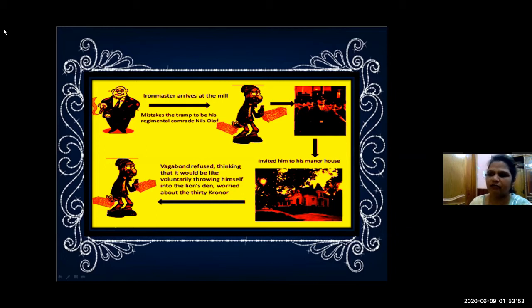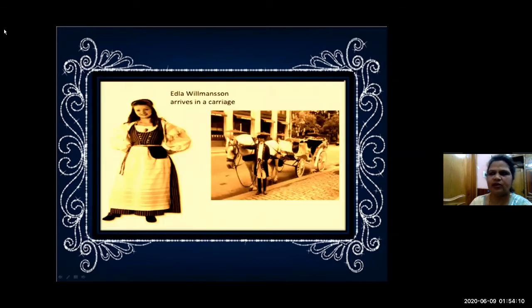This vagabond had guilt in his mind. Thinking that it would be like throwing himself into the lion's den, and worried also about the money which he had stolen, he refused the invitation again and again. So the ironmaster went back.